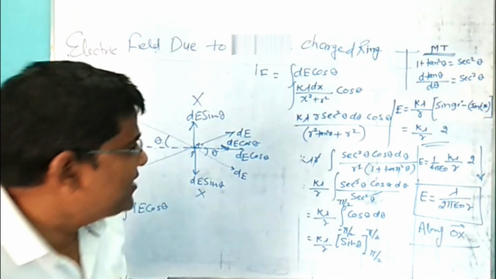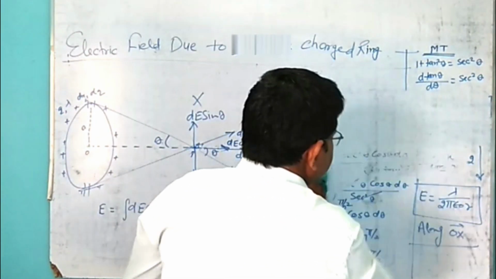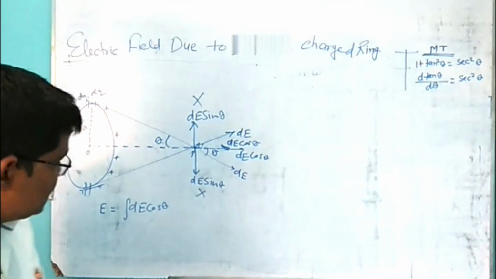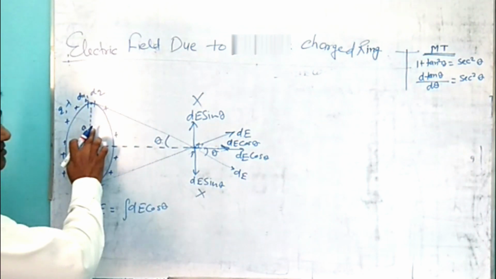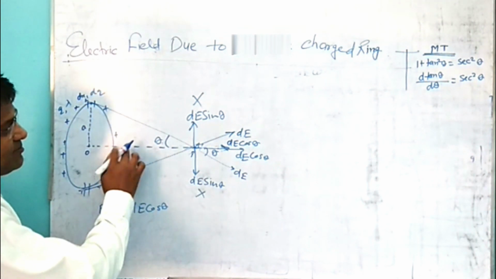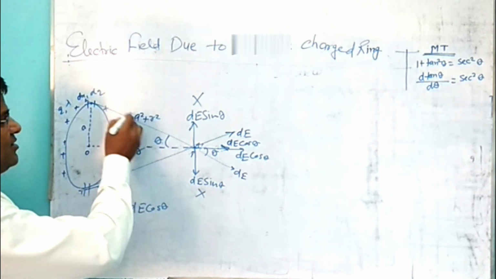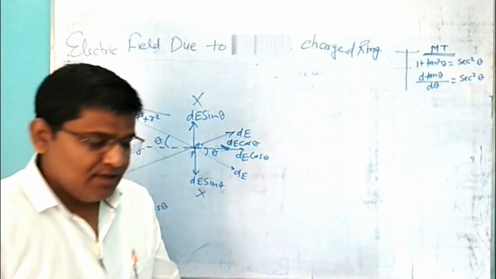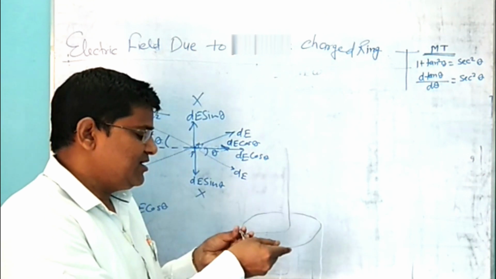One thing is good here: the variable quantity is less, because this distance is A and this distance is R, and this is also constant. How? Suppose I am considering this ring.